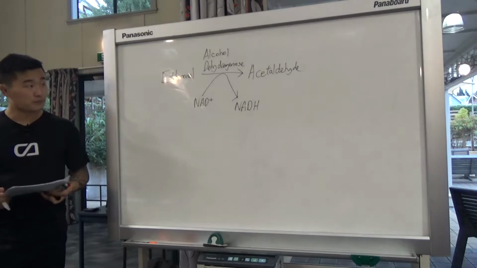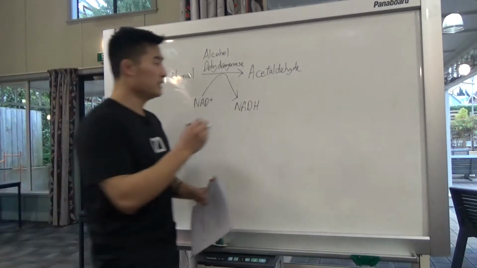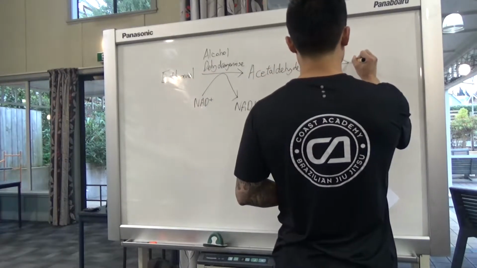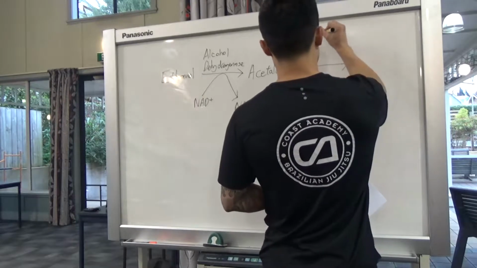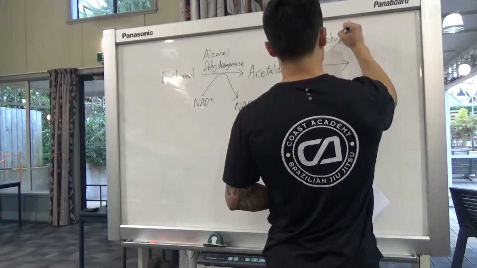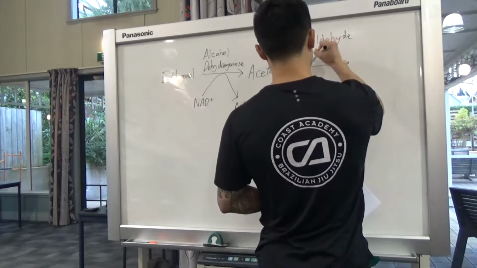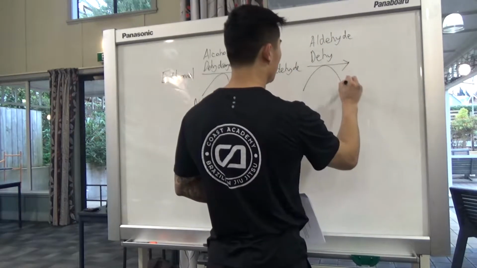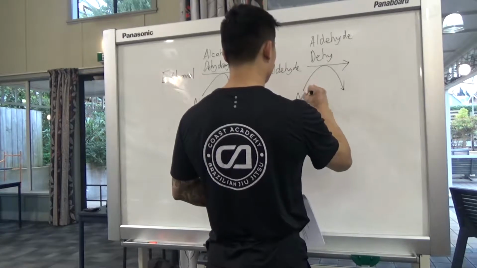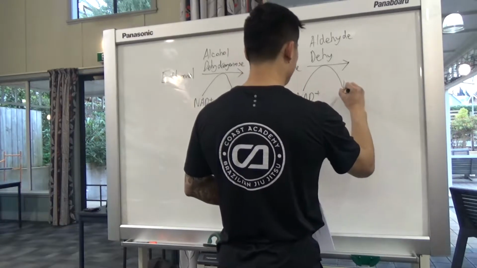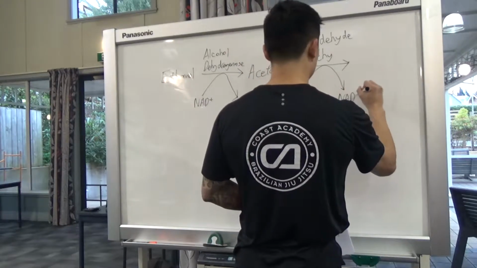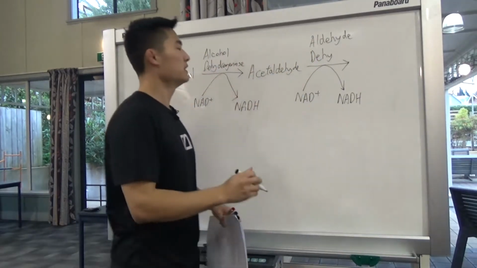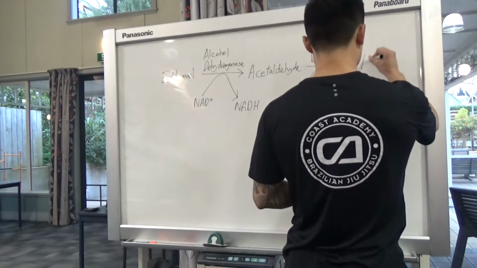Okay. And then the second one is aldehyde dehydrogenase, and again we're going to take a NAD plus and turn that into NADH, right?